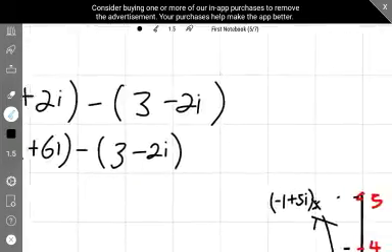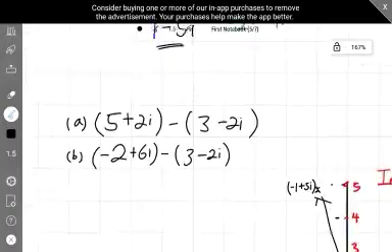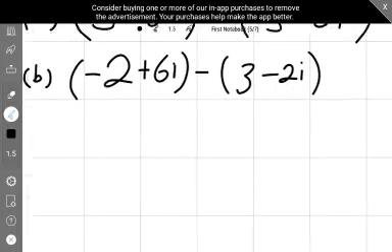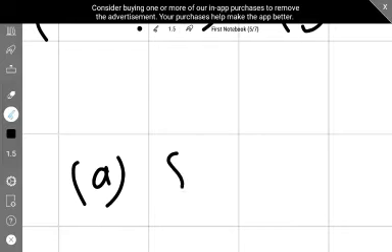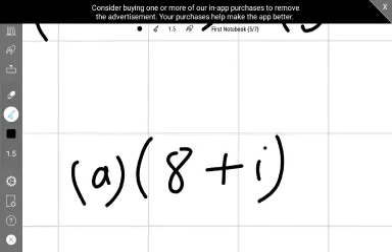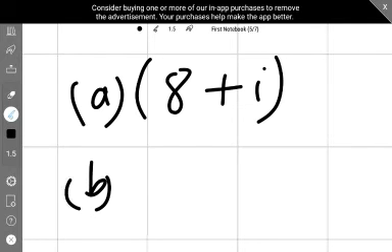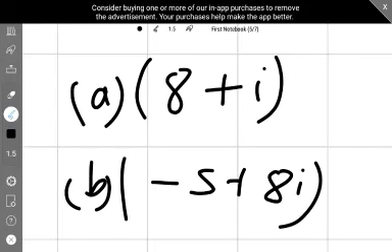So the answers to these will be: for the A part we have 2 plus 4i, and minus 5 plus 8i as the B part.